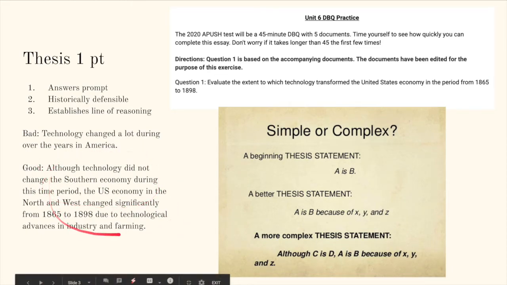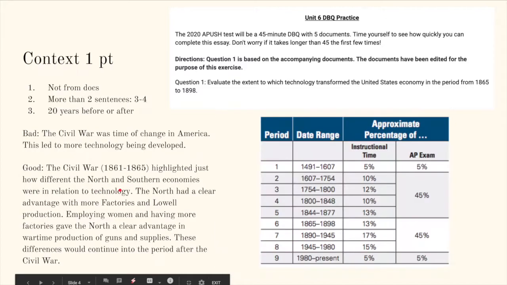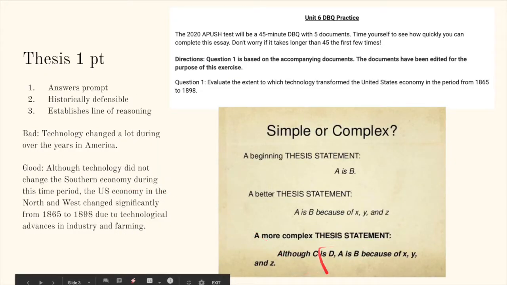This is called an although thesis statement. You can see it laid out right here. This tells me the first paragraph is going to be how the South didn't change, and it tells me the next two paragraphs are going to be about industry and farming. So this is a good thesis. It checks off all these boxes. You guys are pretty good with theses, so I'm not too worried about this, but there it is if you need it.